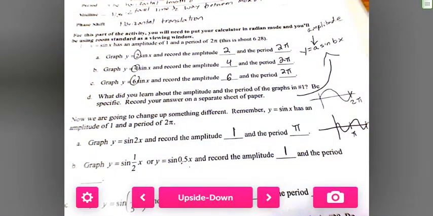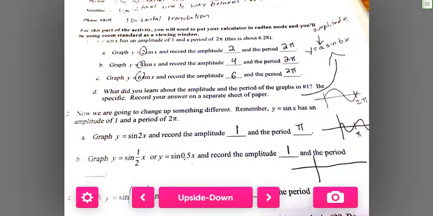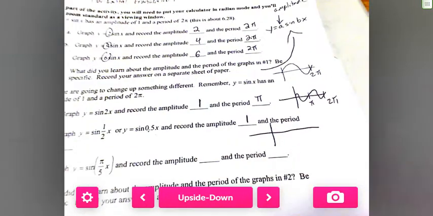Okay? Now, if we graph 1/2 x, or sine of 0.5, we record the amplitude is 1, but what happens to the period? So I'm putting this in my calculator. I'm going to have 0.5, and if you look, what happens is it gets bigger.